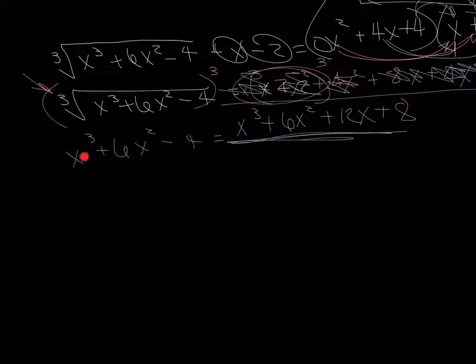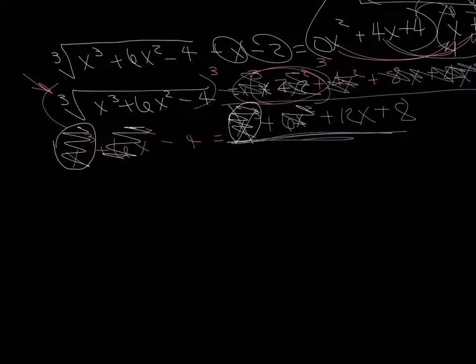Alright, so I've got this whole thing to solve. One of the things that's nice is when I have this here and this here that are the same, I can just make them go away. I have a 6x squared here and a 6x squared there that I can make go away. And I'm left with negative 4 equals 12x plus 8.